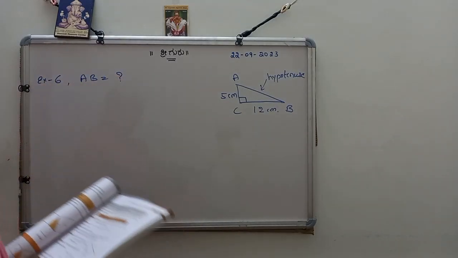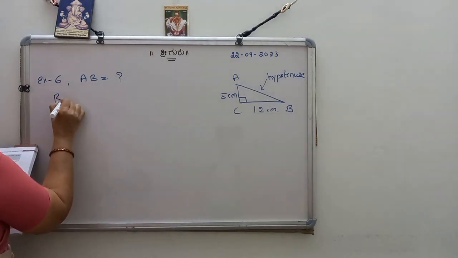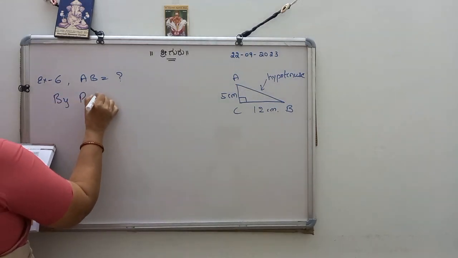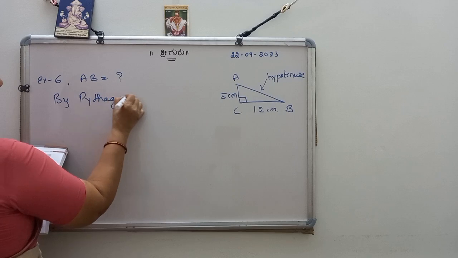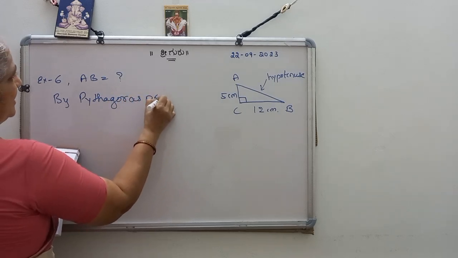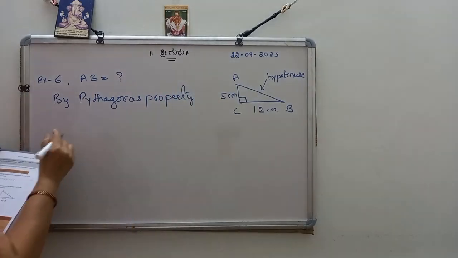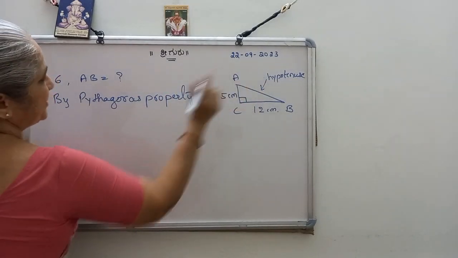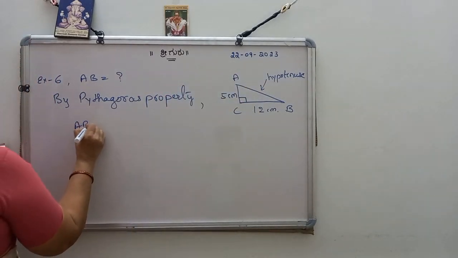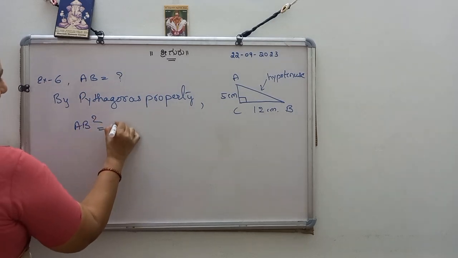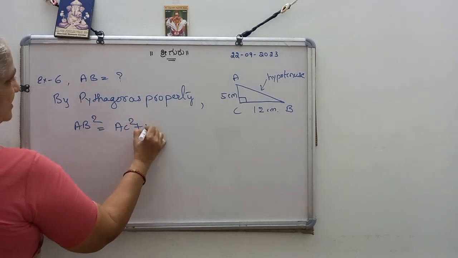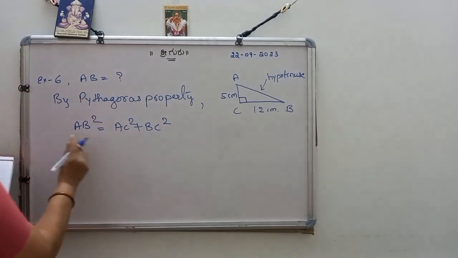By Pythagoras property, hypotenuse square AB square is equal to AC square plus BC square.